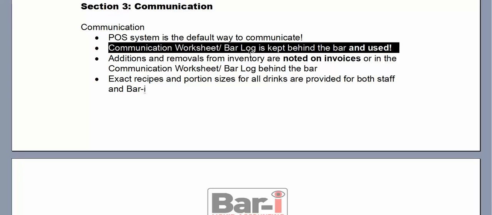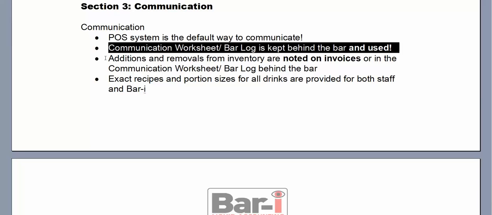If we find your bar log has 1 or 2 notes per week, we can be pretty sure that we are missing pieces of communication that would have been useful to us. As a rule of thumb, there probably should be a couple of things noted on there per day, and if there's not, either you're so clever because you've got your point of sale set up right, but more frequently the reason is because people are doing things that require communication, but they're forgetting to write them down.